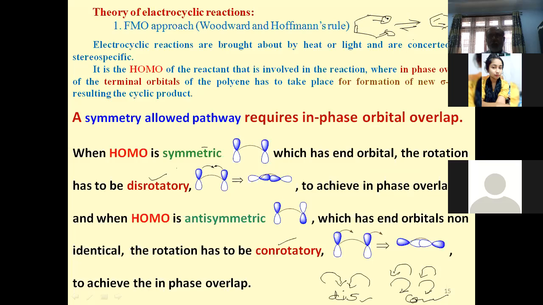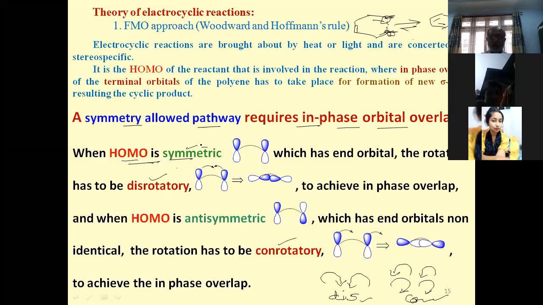When this new bond is formed, the orbitals in the terminal positions must come together in such a way that they are in the same phase. So rotation of this orbital has to take place in such a way that they are in the same phase. The symmetry allowed pathway requires in-phase overlap. That means for bond formation, they must come together. Now, because it is the HOMO which is involved, that end orbital may be symmetric or may be antisymmetric.